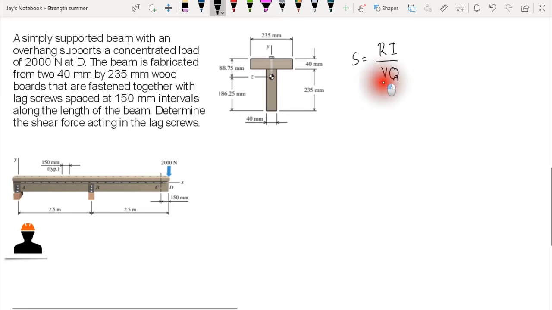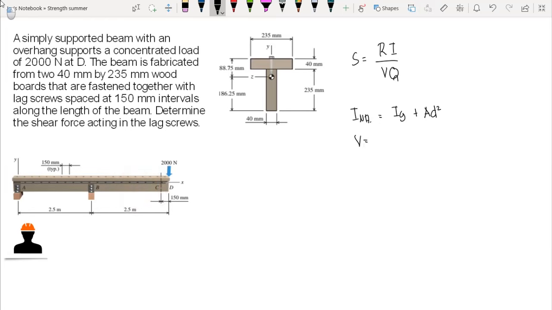However, we do not yet have the value of our internal shear and our moment of inertia. Since this is a T-beam, our I should be computed using the transfer formula, I at the neutral axis is equal to IG plus A d squared. And our V here is the maximum shear in our shear diagram.